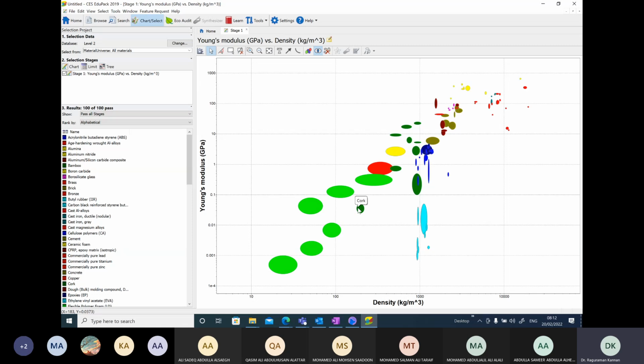All these bubbles are foams. Then we have cork, rigid polymer foams, again metal foams. You can see various other types of materials which are listed here.